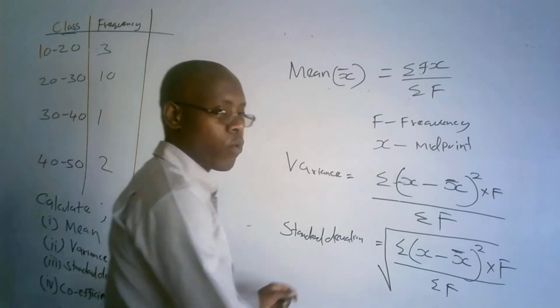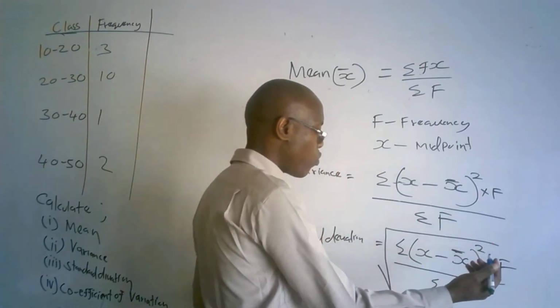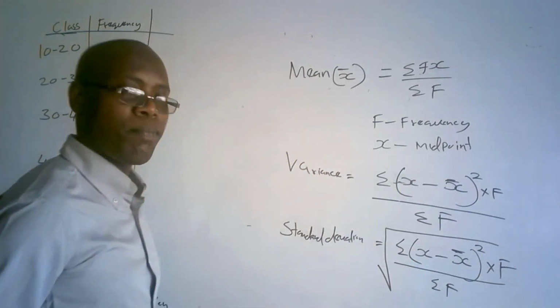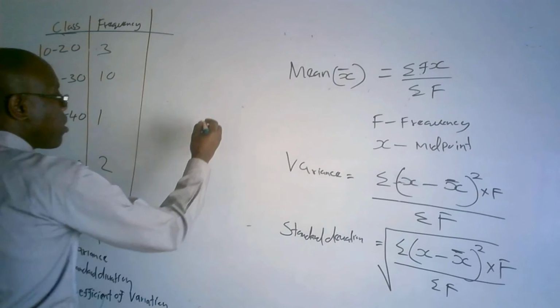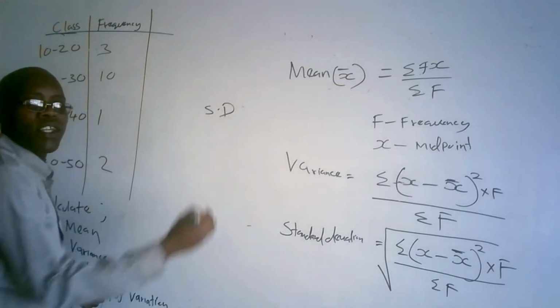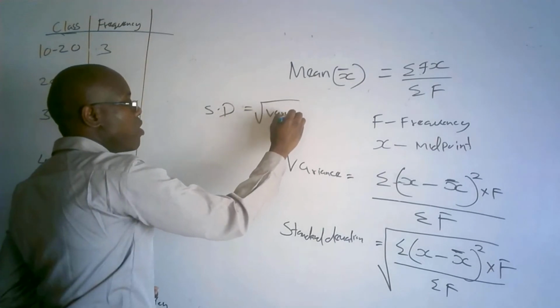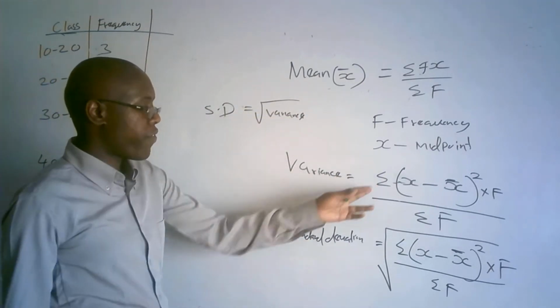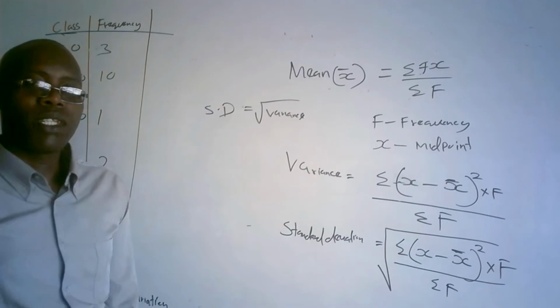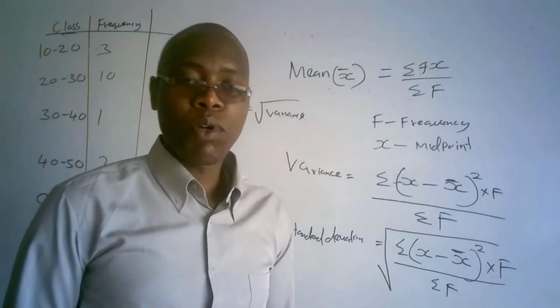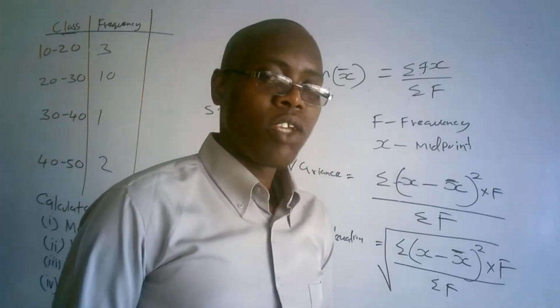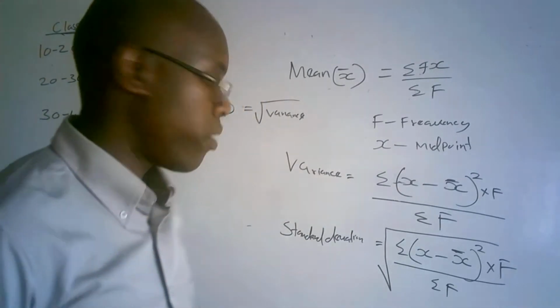In short, to get the standard deviation, you take the square root of the variance. The answer under the variance, you square root it, and you will get the standard deviation.